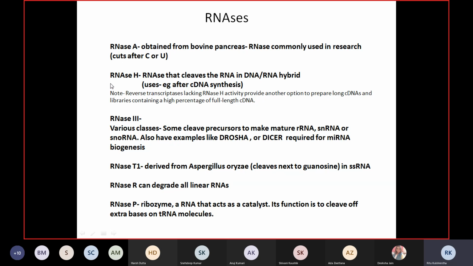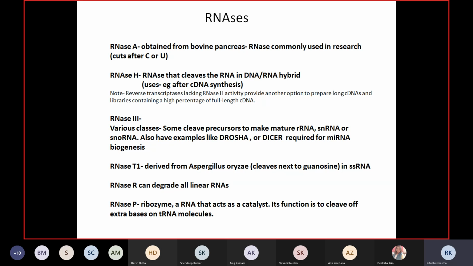Then you again see RNase H. How does it cut? It cleaves the RNA when present in a DNA-RNA hybrid. You must know what complementary DNA is. If you take RNA as the template and use reverse transcriptase, which is an RNA-dependent DNA polymerase, what you get is complementary DNA.